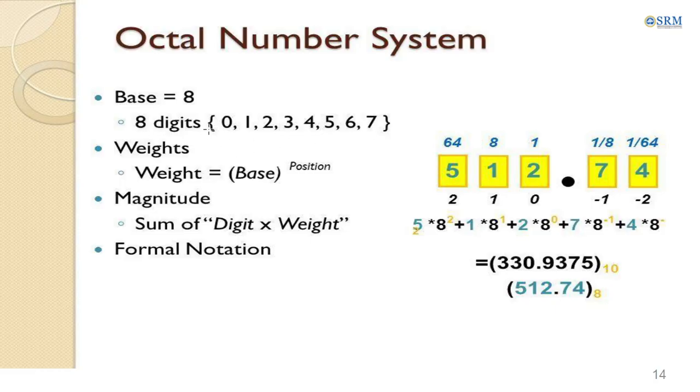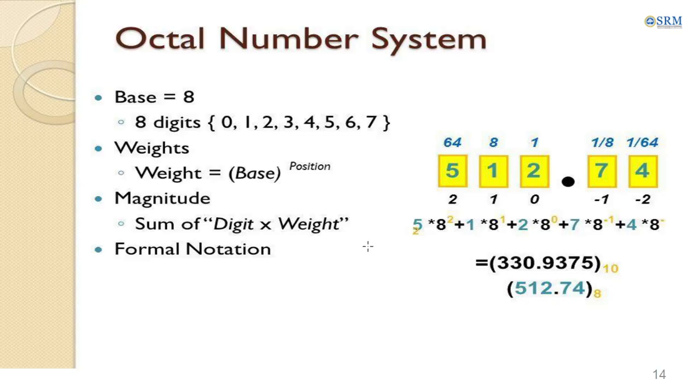The base is 8, and as we have already discussed, the weight is calculated from the base raised to the position. If it is multiplied with the digit and we sum up all the digit-weight products, we get the final magnitude. You need to remember that the final magnitude is always in decimal.